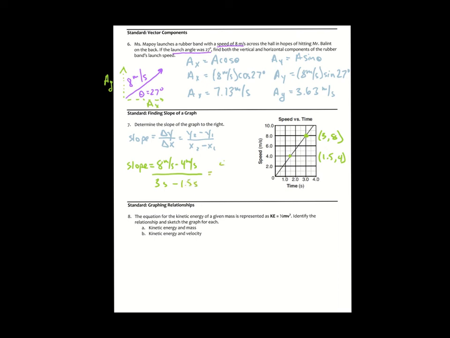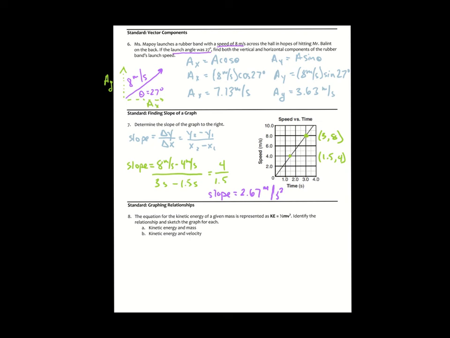That's a difference of 4 divided by 1.5. And you get that your slope value is approximately 2.67 meters per second squared, because I'm just taking the units of my x and y and mashing them together. Okay. Alright, that's it for number 7.